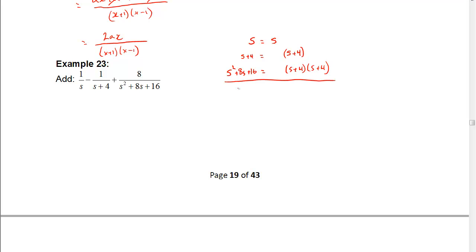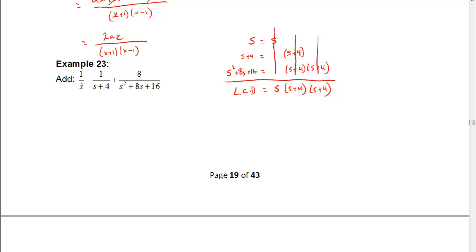So the LCD then, the lowest common denominator, is going to be s multiplied by s plus 4 multiplied by s plus 4. We take each of the factors from each of our denominators. And that's what we did before to find the LCD.